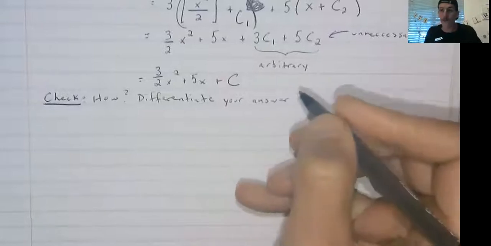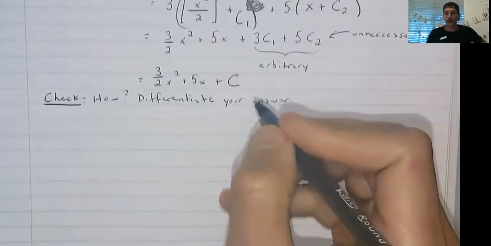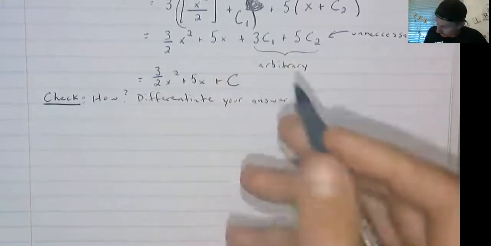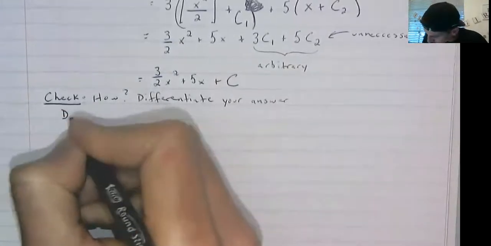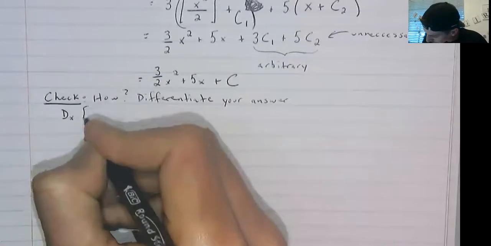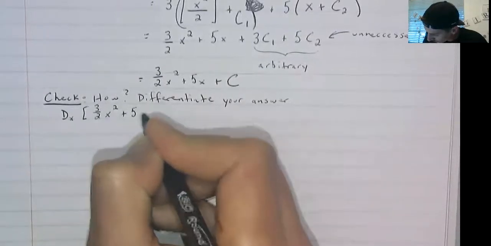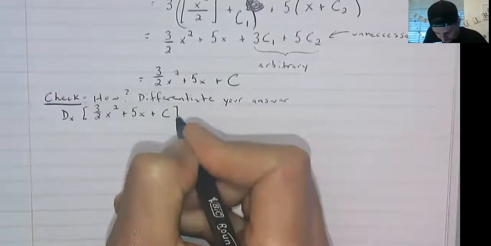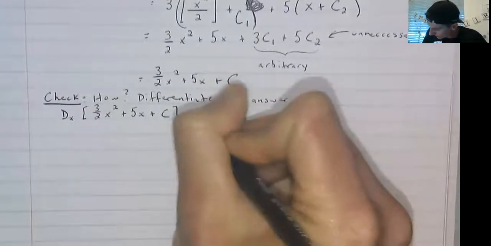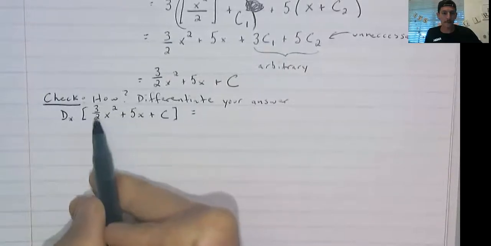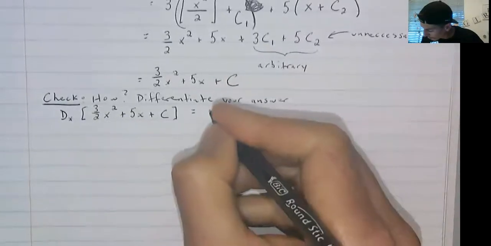You should never walk away from one of these problems unsure if you have the right answer, because you'll be able to check it. So in other words, we're going to take the derivative with respect to x of 3/2 x squared plus 5x plus c. The derivative of 3/2 x squared, that 2 drops down, leaves you with 3x.